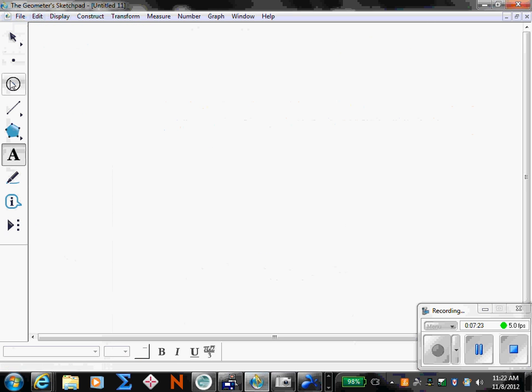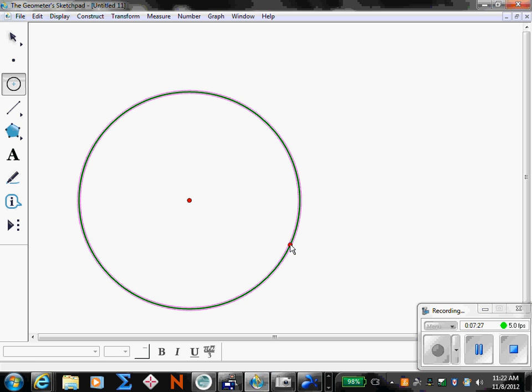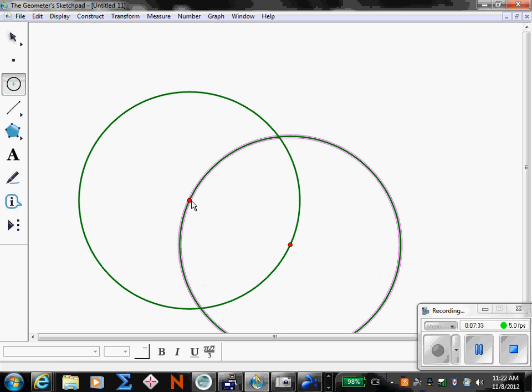So hopefully you remember to do that with your circles. So there are my two circles. I then find the intersection points. We need to do one because I'm just making a triangle.